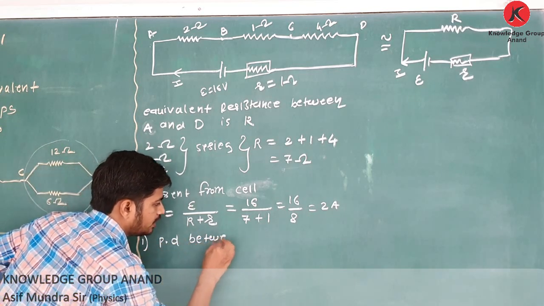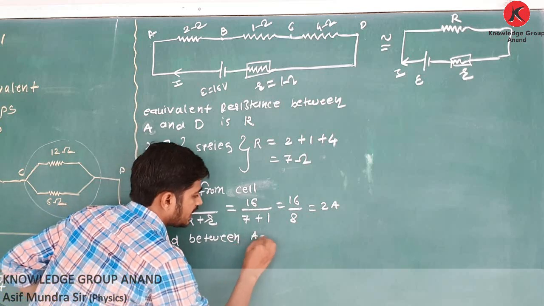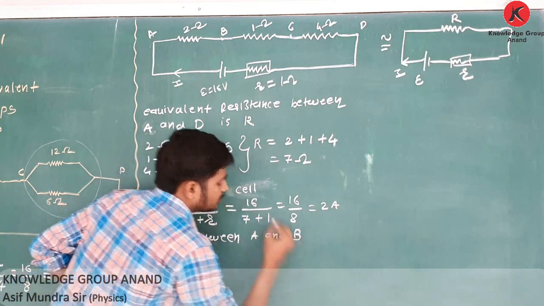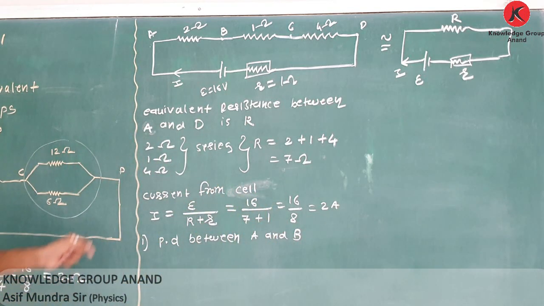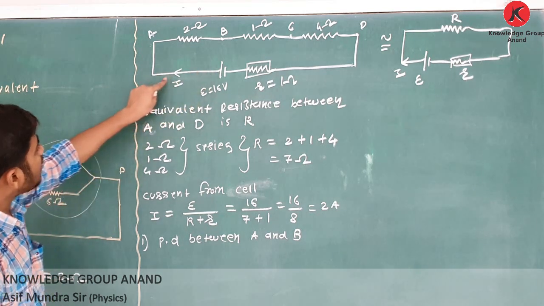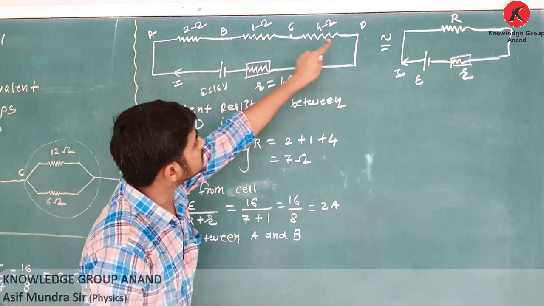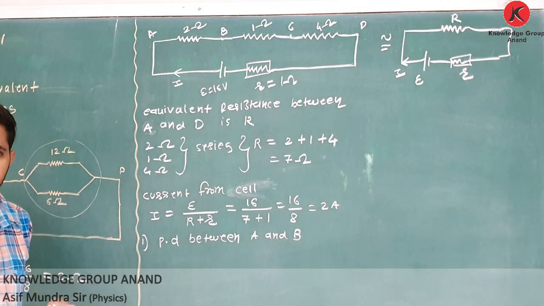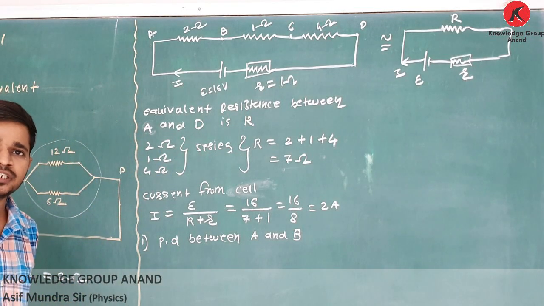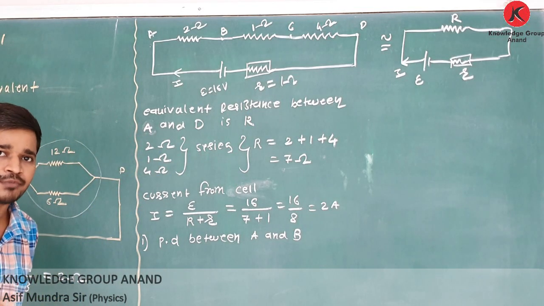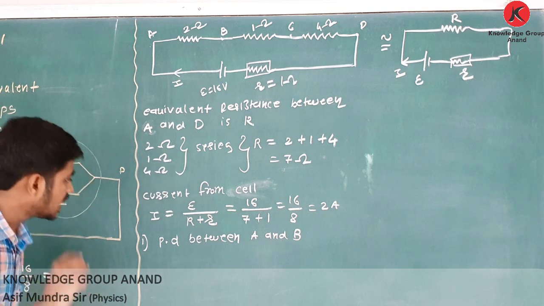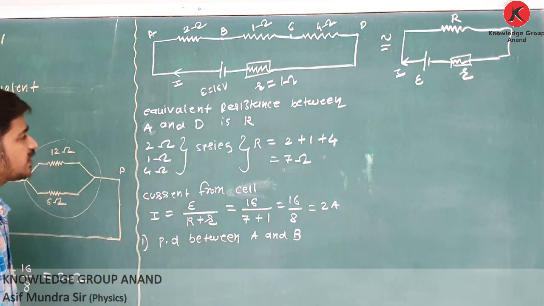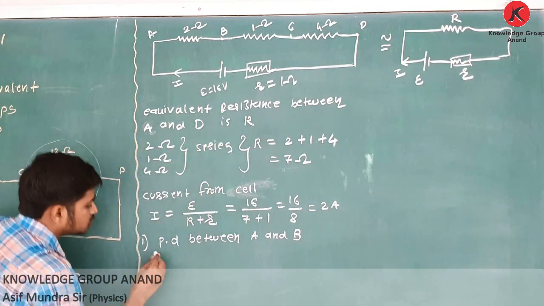With this battery, all these resistors are in series connection, and in series connection, current flowing through each resistor is the same. Yes or no? Yes.